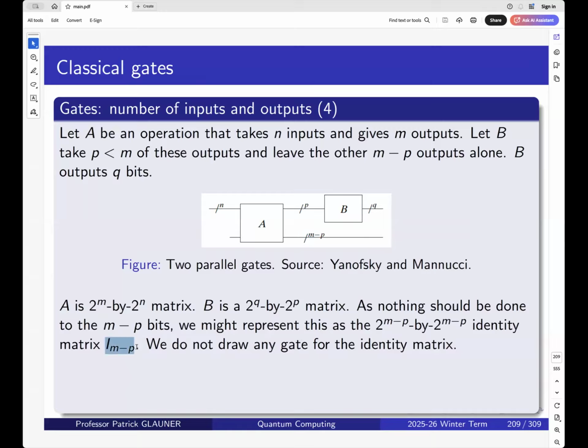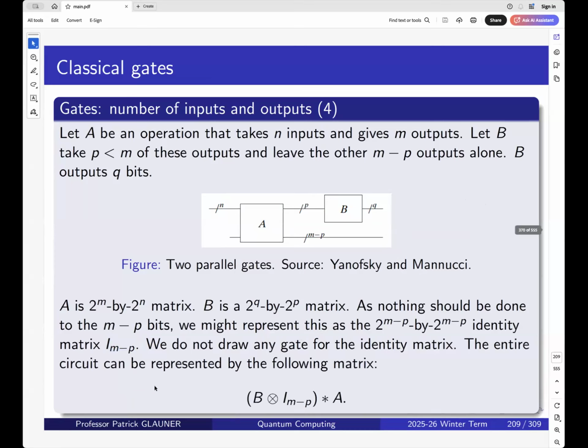The identity matrix needs to be of size m minus p. So if, for example, we have five outputs and two outputs going in here, we would need size 3 there.